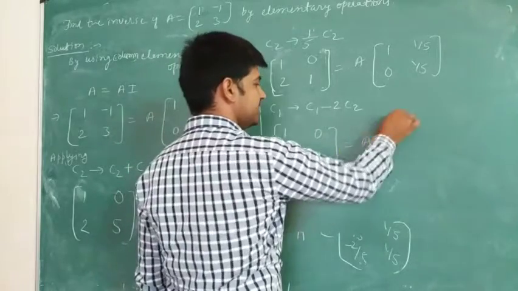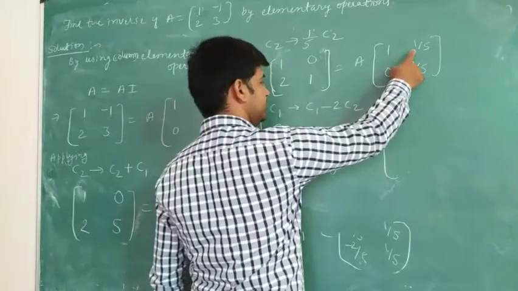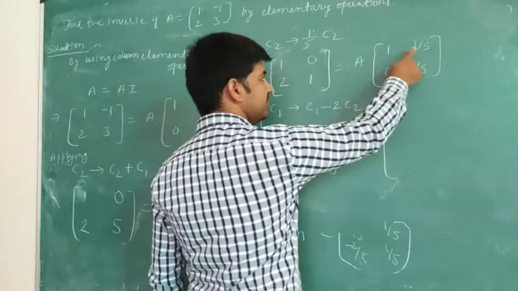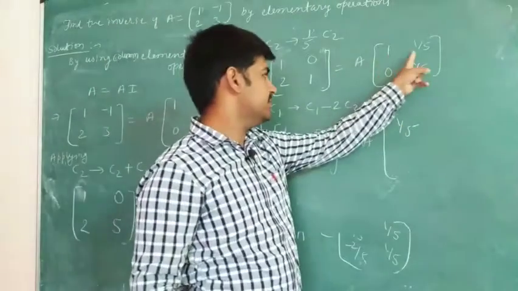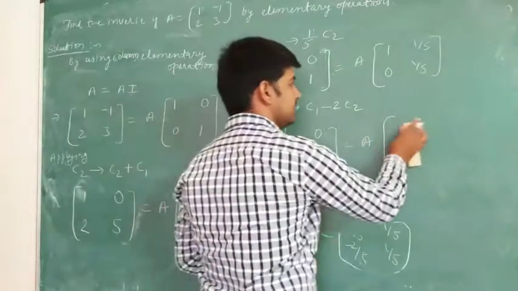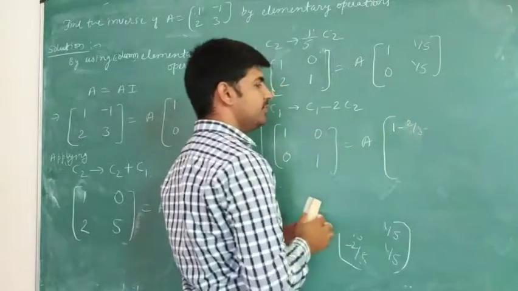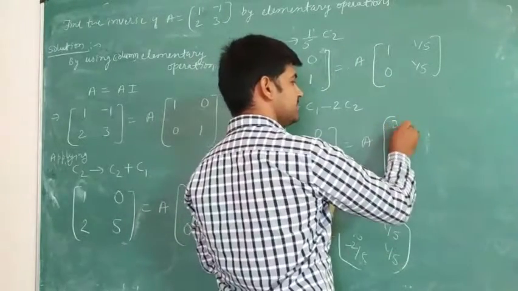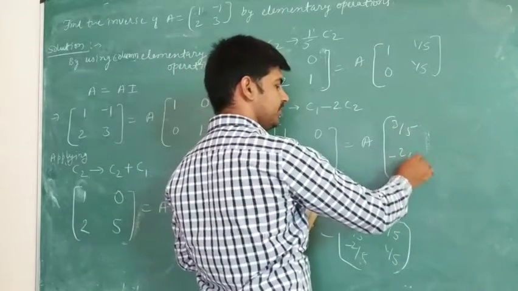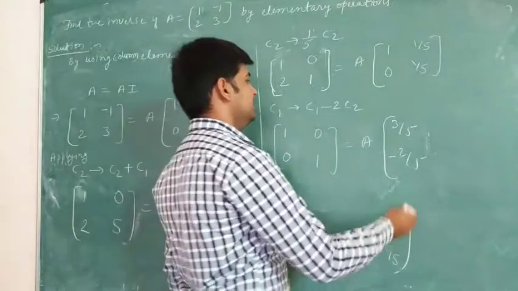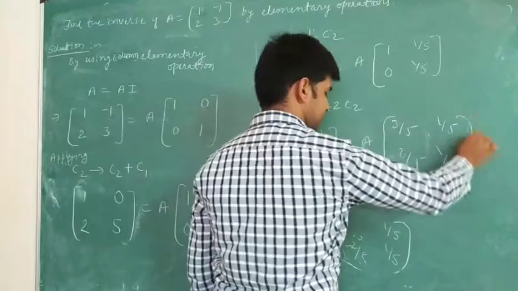The same is to be applied on this side as well. On C1, 1 minus twice of 1 upon 5 gives us 3 upon 5, and 1 minus twice of 1 upon 5 is minus 2 upon 5. These elements of C2, 1 upon 5 and 1 upon 5, remain as they are.